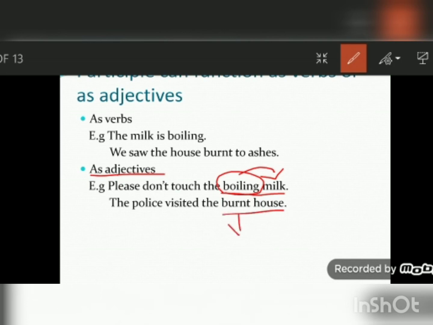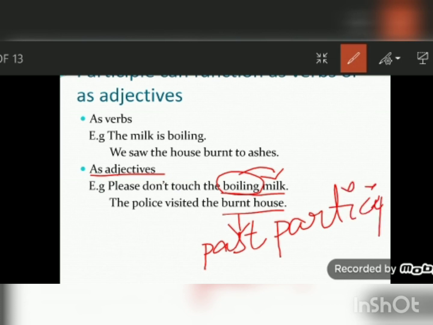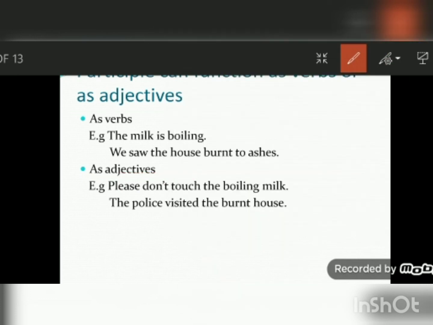So here burnt is past participle form of the verb which is used as adjective in a sentence because it describes house.